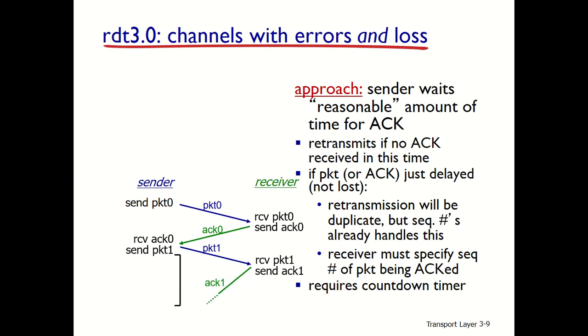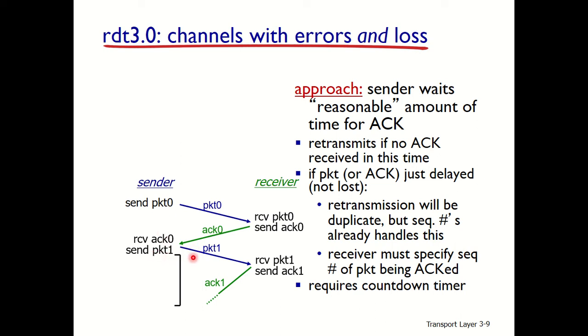So this is the case when the sender sends packet 0. It will wait for a reasonable amount of time, so it will start a timer. If the acknowledgement is received within that timer, the timer will be cancelled and the next packet will be sent.